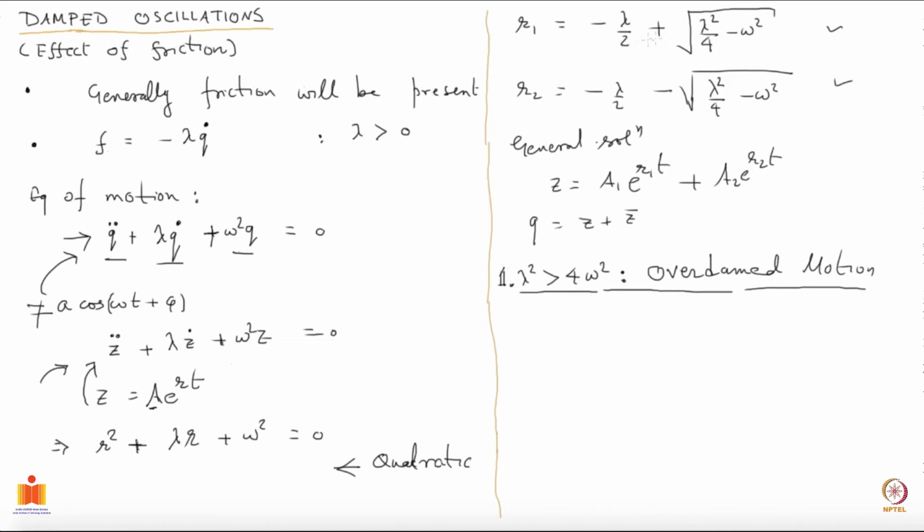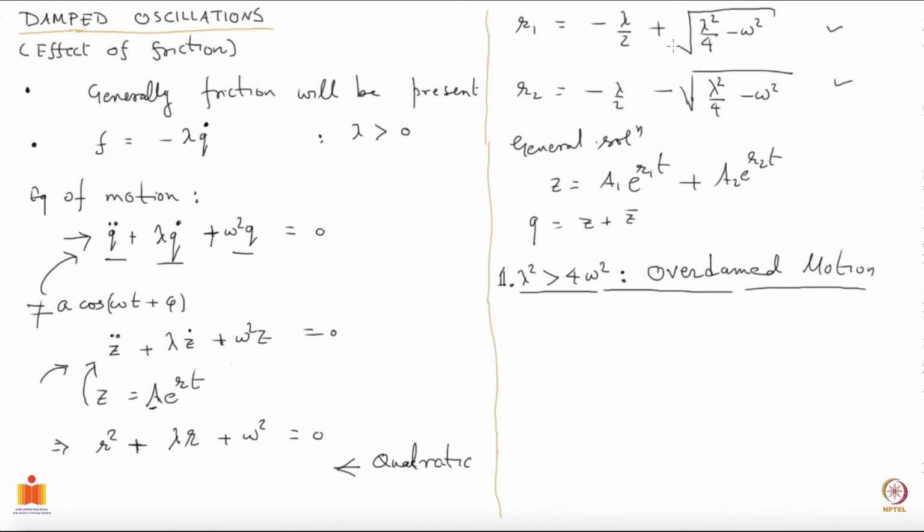And you can also convince yourself that r1 is also negative, with the limiting value being 0. So when omega is really small, you can drop omega in comparison to lambda square over 4. In that case you just get minus lambda by 2 plus lambda by 2, that is 0. But if omega is anything but 0, this will be a small positive number lesser than lambda by 2, so you'll get a negative quantity.